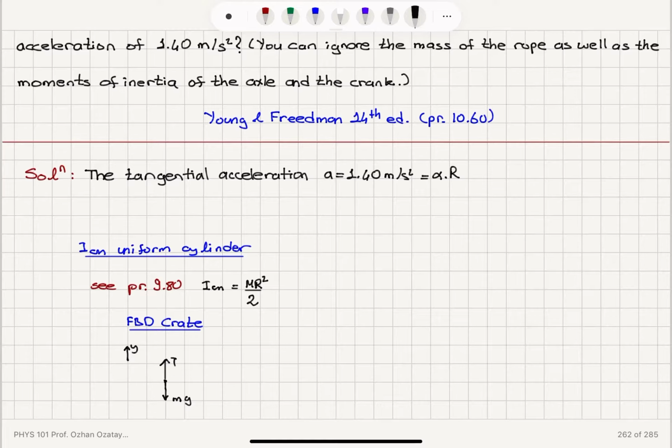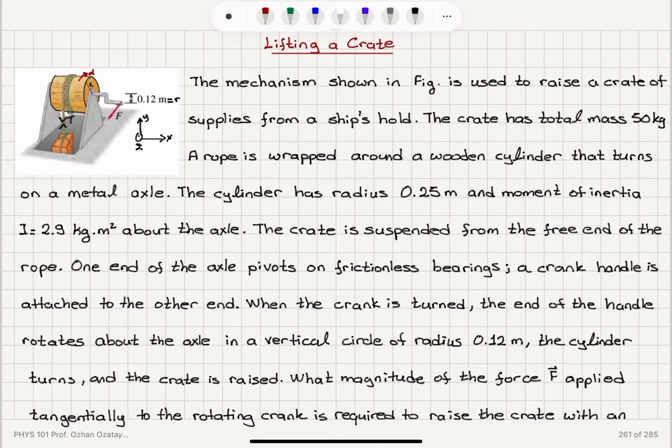Because the radius of the wooden cylinder was 0.25 meters, we obtain an angular acceleration of the wooden cylinder of 5.6 radians per second squared. So if the crate is going up, then it's going to be in this direction, in the clockwise sense.